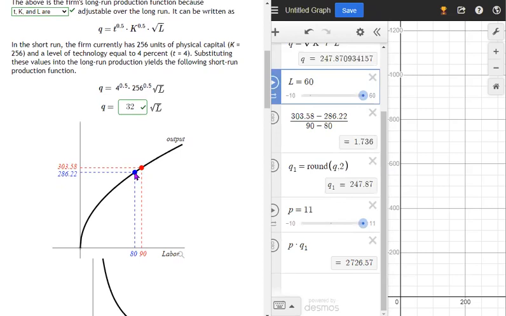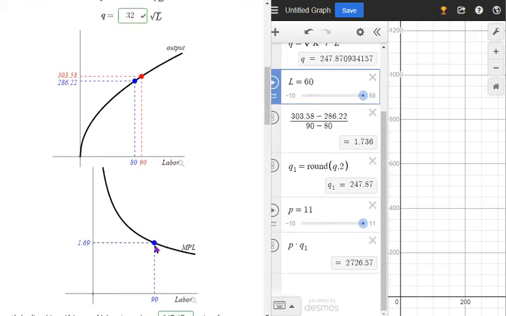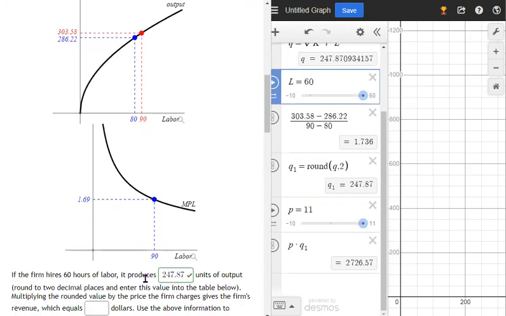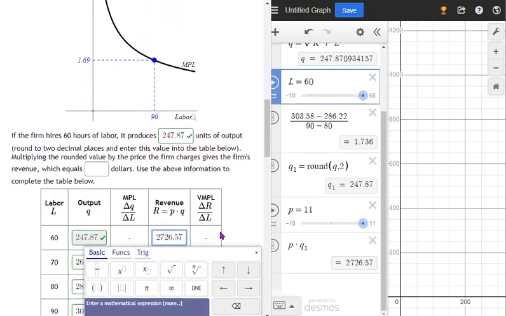We're going to multiply 286.22 by 11 to get the revenue. We're going to multiply 303.58 by 11 to get the new revenue when we demand 90 hours of labor, right? Same thing down here: we're going to multiply this 1.69 times 11, right? So this black curve is going to get smashed down near the labor axis when I press enter here.